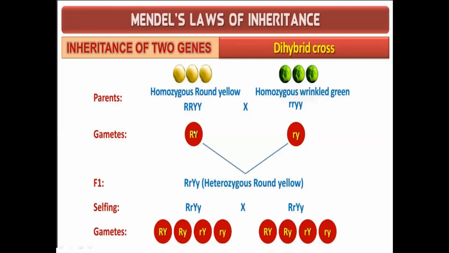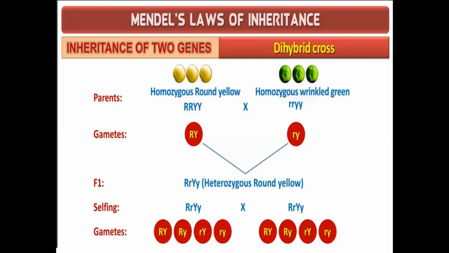Now when you cross RY and ry, what you will get is RrYy. What are the characters shown by capital R small r, capital Y small y? Heterozygous.